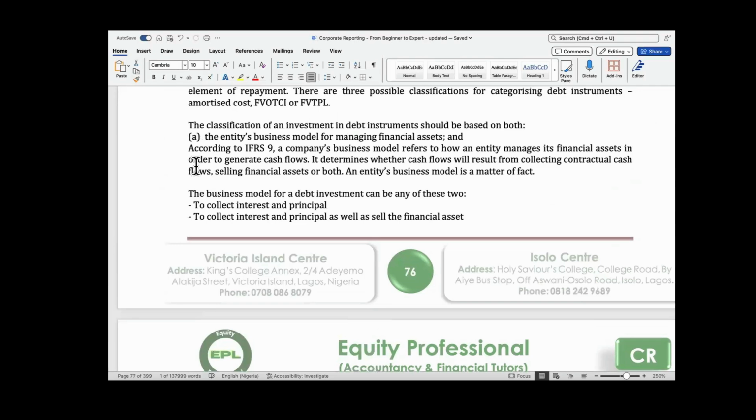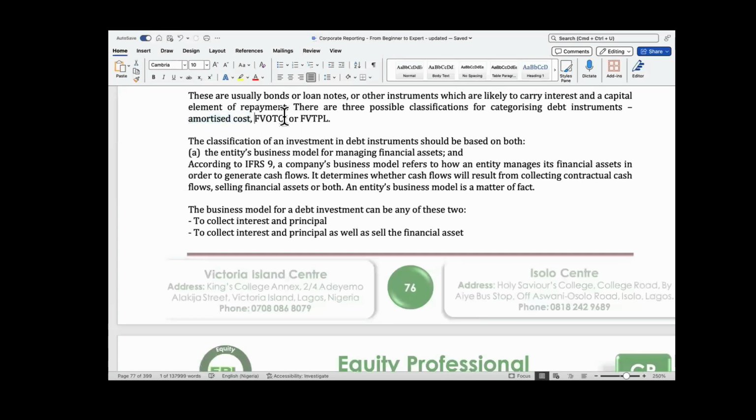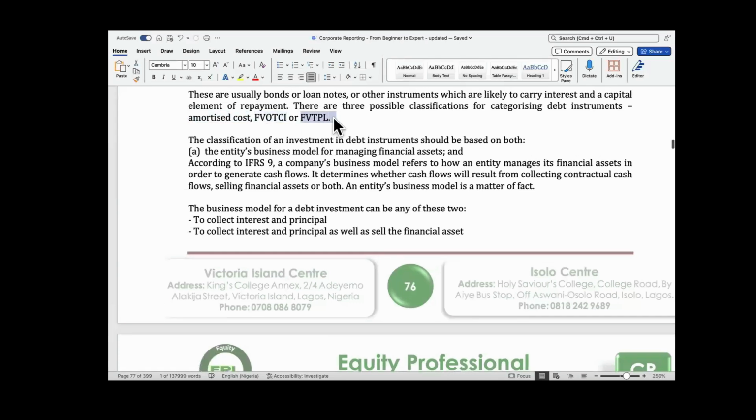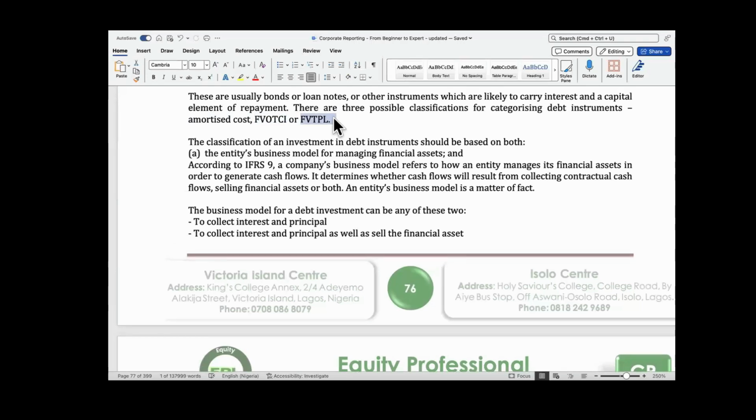Okay. So still talking about classification, right? For debt investments, there are three classifications like I've mentioned earlier on: amortized cost, fair value through OCI, fair value through PRL. So how would you know how to classify? I said it depends on your business model and contractual cash flow characteristics. Those are what dictates classification.